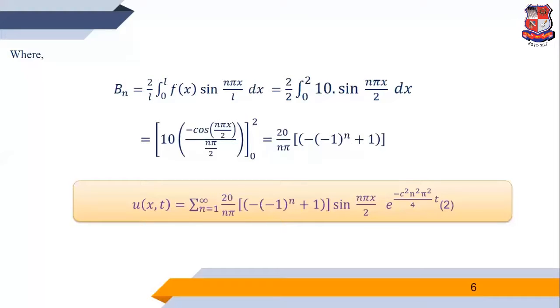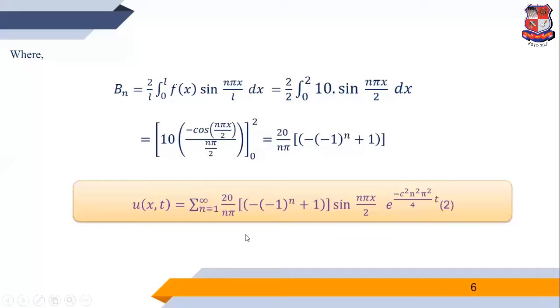Therefore the calculation of this term is 20 by n pi into 1 minus (minus 1) raised to n. So the value of b_n is 20 by n pi into 1 minus (minus 1) raised to n.